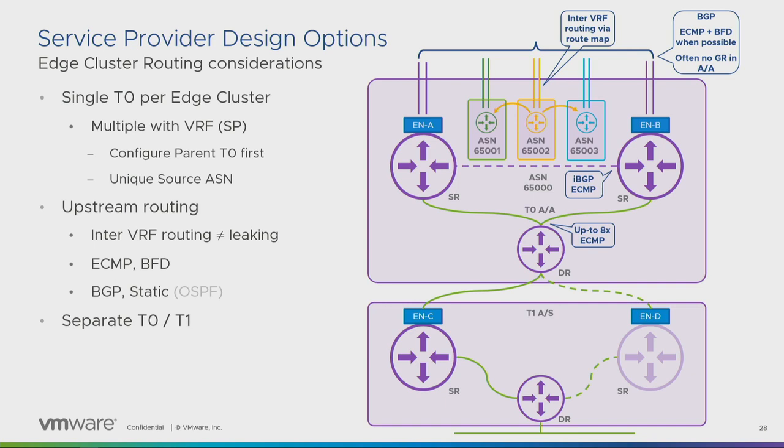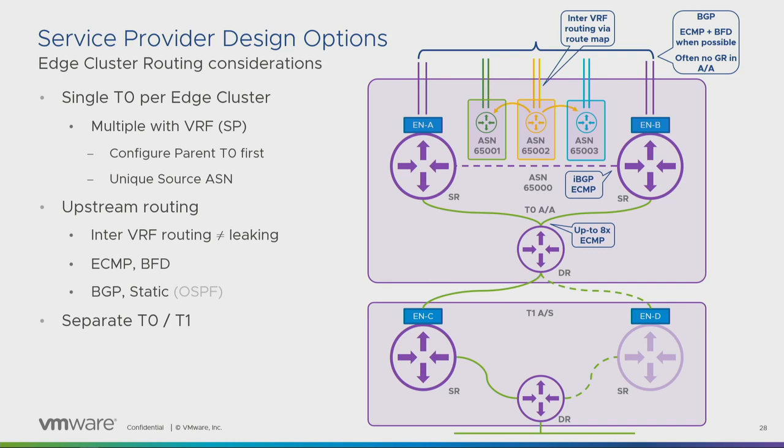And the last thing to mention for static: by nature, it does not detect issues on the forwarding path to your upstream router. So if you do use it, use it in combination with BFD for failure detection and fast failover. Else, you could black hole your routing in this situation.